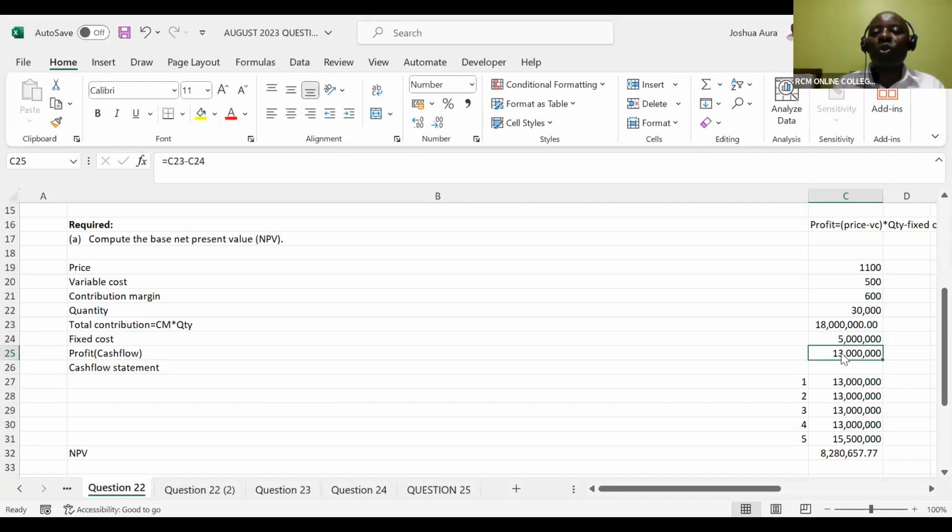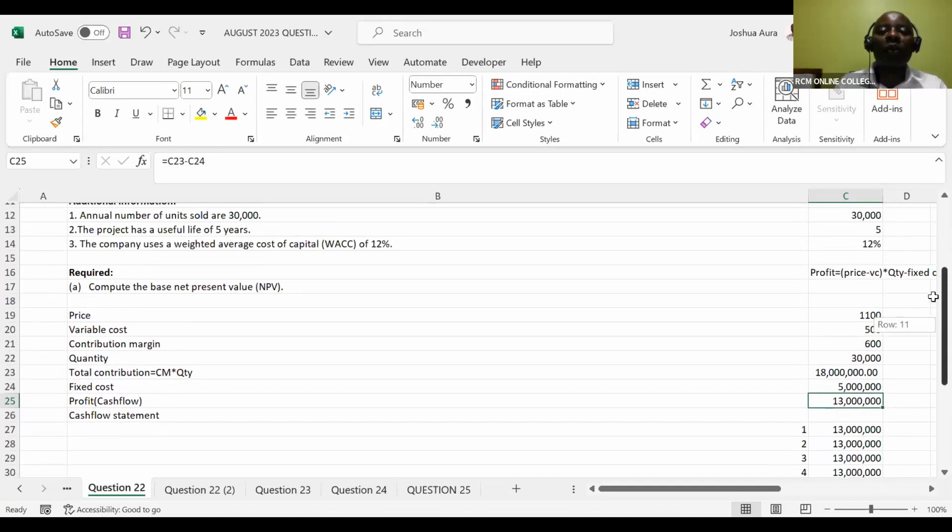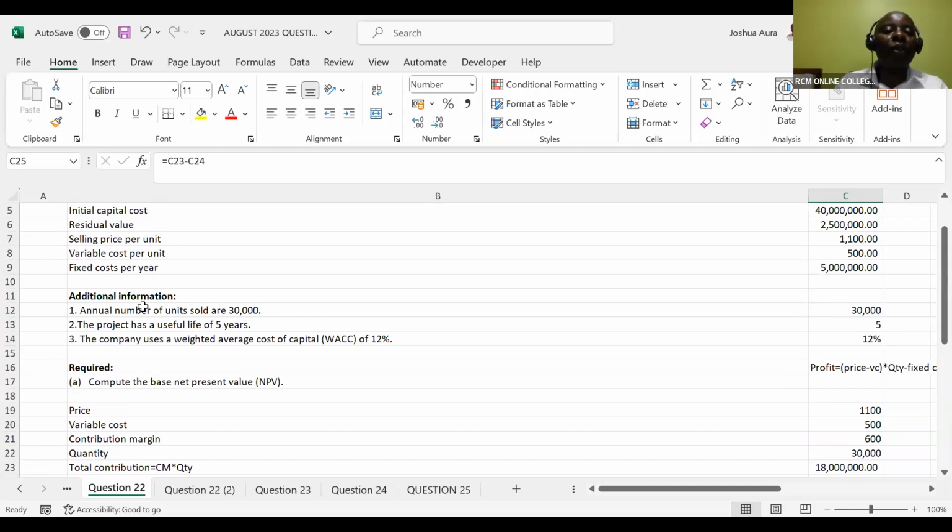What I was told in those old days, when tax is not given, the profit that you have automatically becomes your cash flow. This is what you shall use to discount. And in the cash flow statement that I'm doing here, I know that this 13 million is an annuity. How do I know it's an annuity? It's because these 30,000 units that I used here are annual. We shall be selling 30,000 units every year. Look at even the fixed cost per year. Once you start seeing those figures, then you know that you are dealing with an annuity.